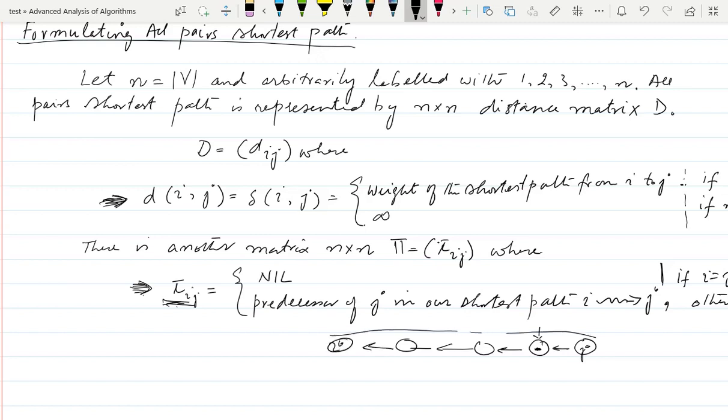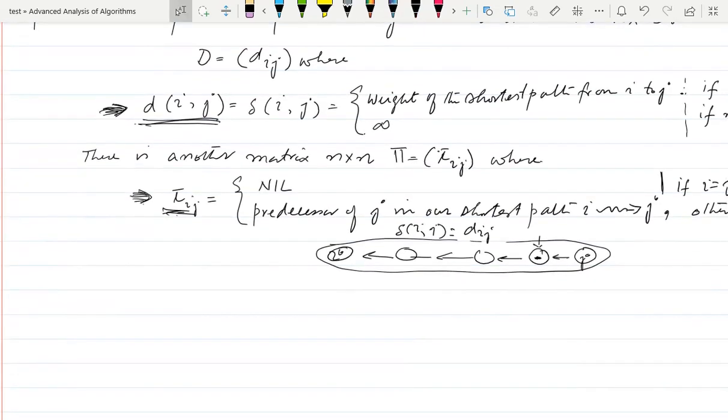The whole shortest path will be calculated, and the overall weight will be the entry Dij stored over here. So hopefully this is clear now.